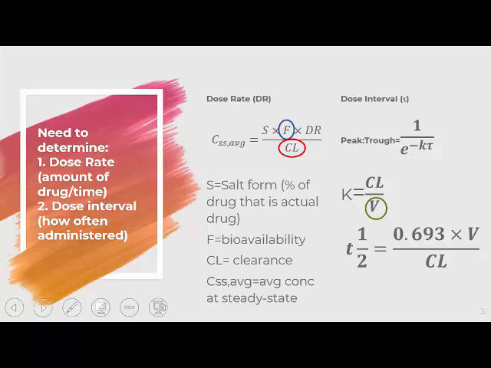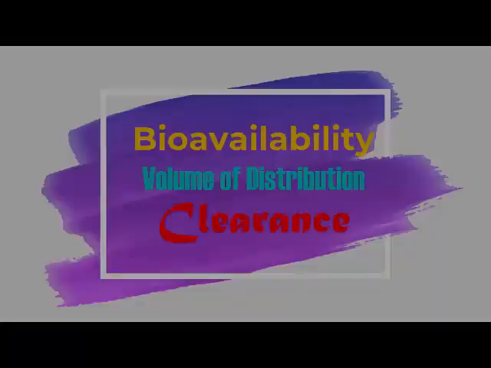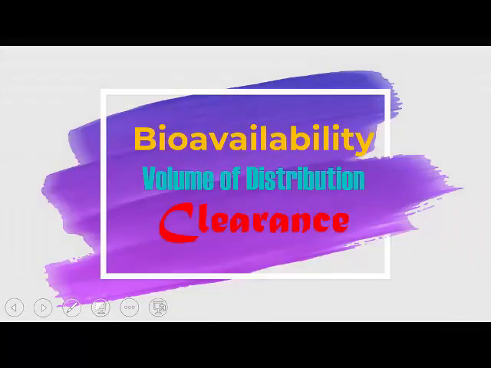Volume, which is a determinant of k and half-life. And then clearance again. So now we're going to dig deeper on those three important parameters: bioavailability, volume of distribution, and clearance.